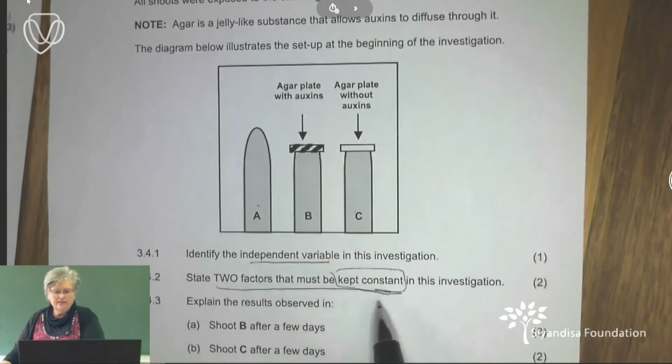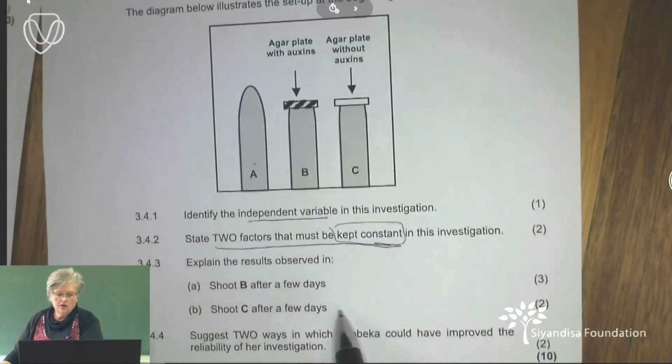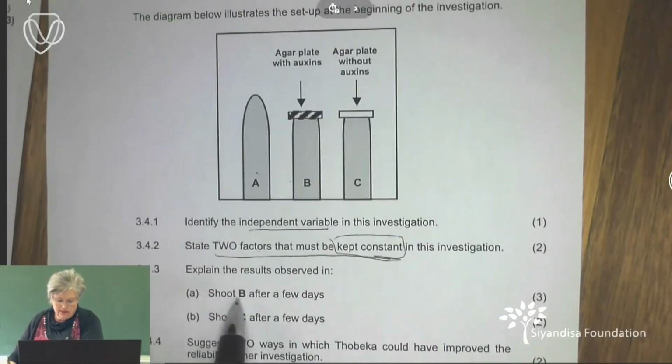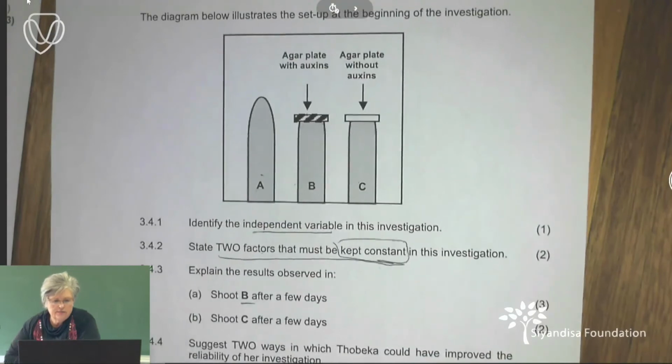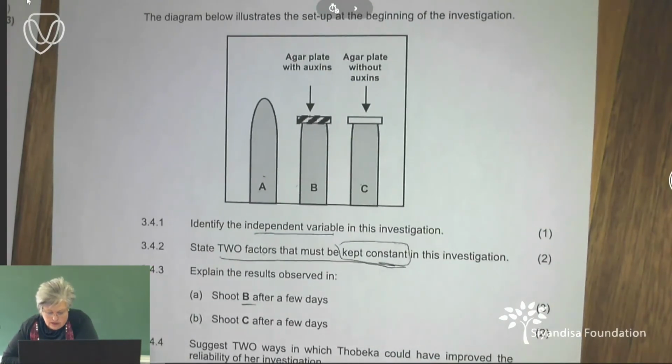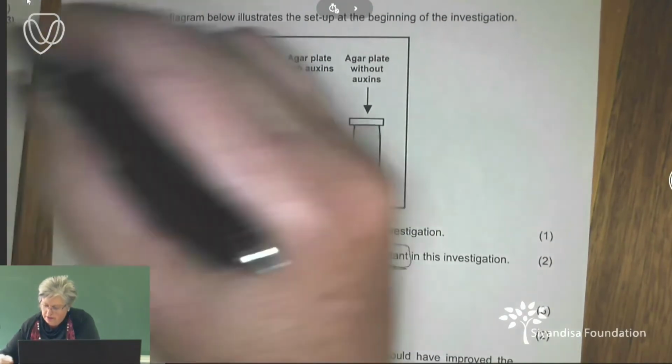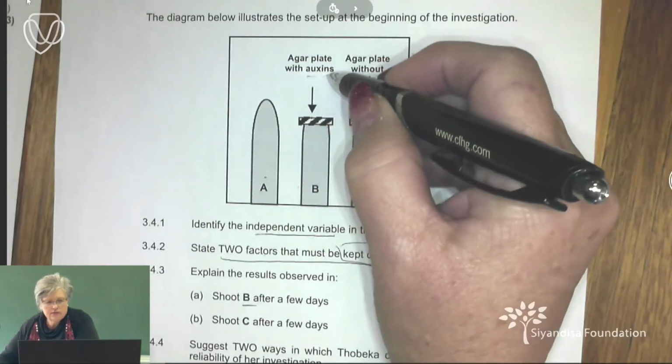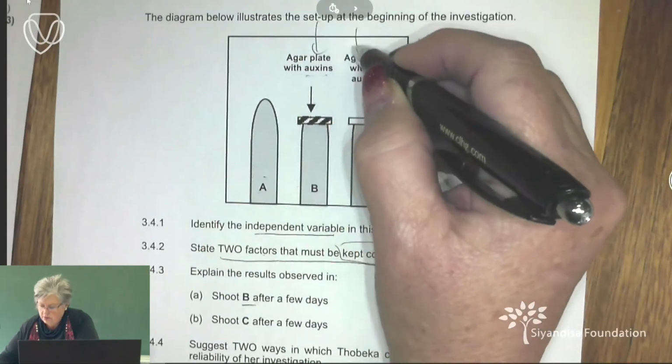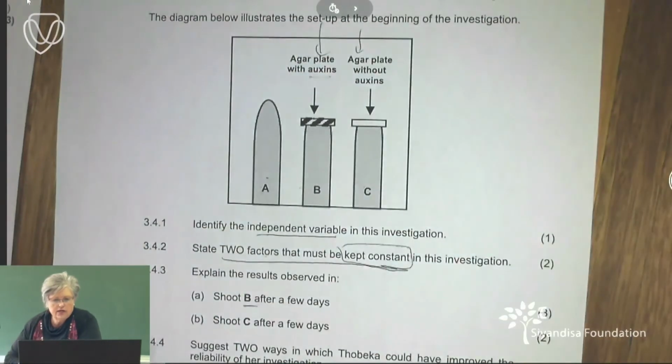Okay? Explain the results of shoot B. So what will happen to shoot B? Shoot B still has auxins and it has a light impulse like this. So what should happen in shoot B?